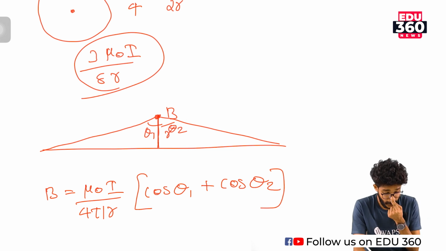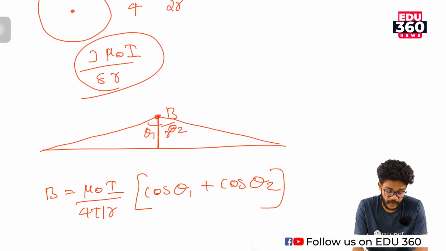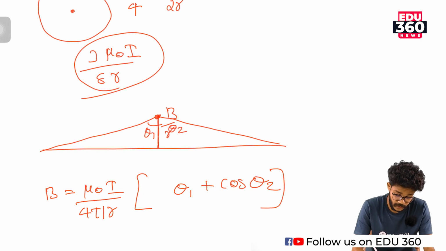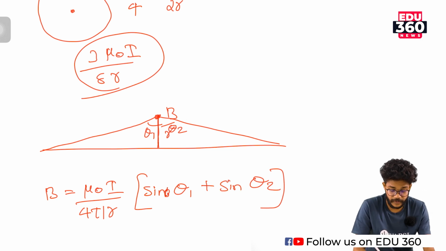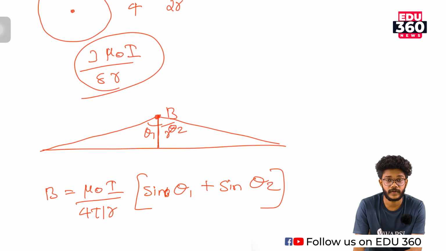If theta 1 is measured differently, it will become sin theta 1. It is not cos, it is sin; both are sin. If theta 1 is 90 degrees, then it will be maximum.